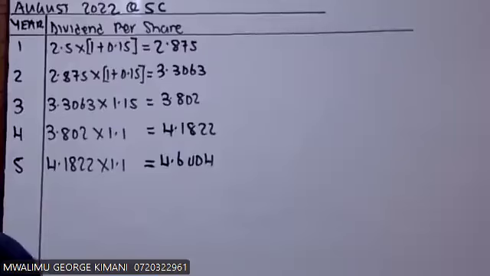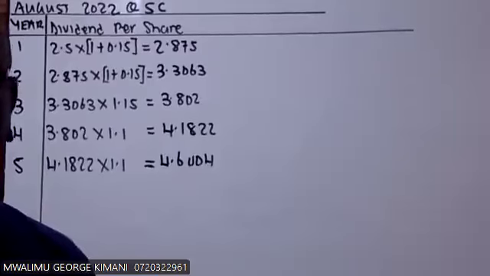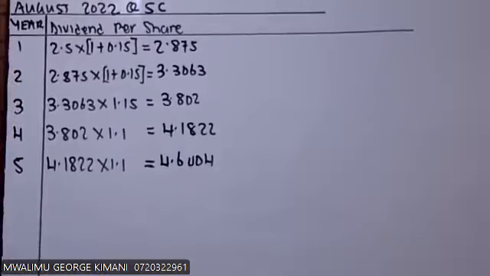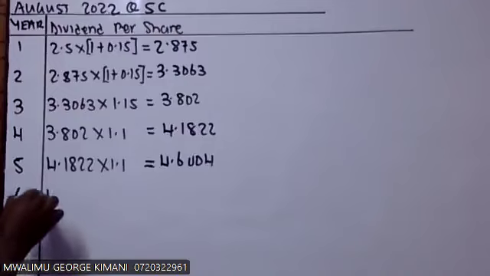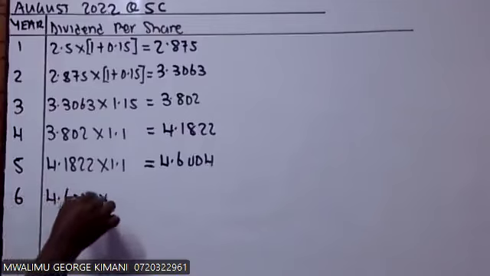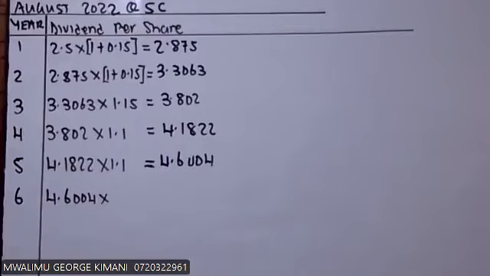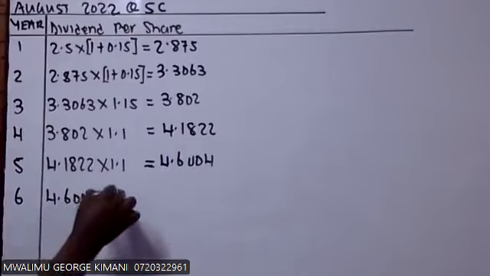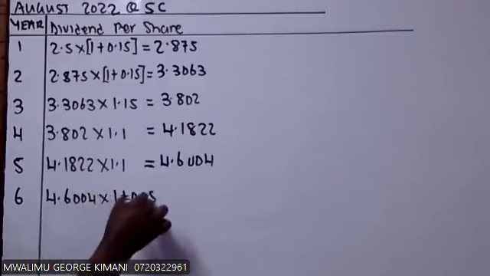Now we are told going forward, after that, it will grow into perpetuity at 5%. So if it's going to grow in perpetuity in year 6 and beyond, you take this 4.6004 times the growth into the 6th year, that is 1 plus 0.05.